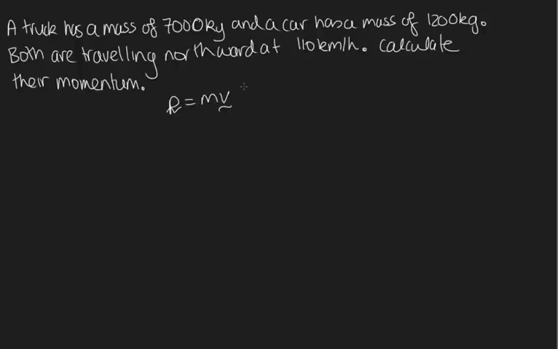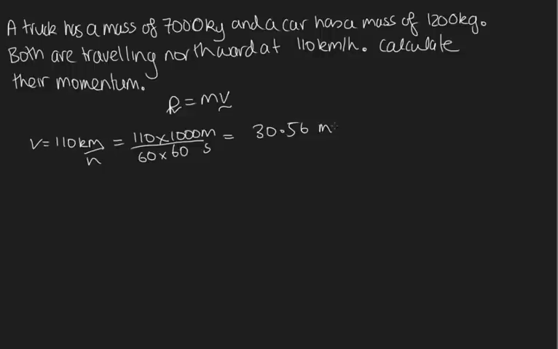First of all, we'll need to convert this velocity into meters per second. So the velocity is equal to 110 kilometers per hour, which is 110 times 1,000 meters per hour. And then to convert it into seconds, we divide by 60 times 60, and that gives us 30.56 meters per second.